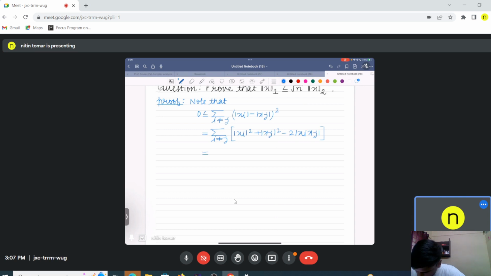So this will be the same as the summation of mod xi square, i going from 1 to n, times n minus 1, minus 2 times the summation of mod xi times mod xj, where i is not equal to j.